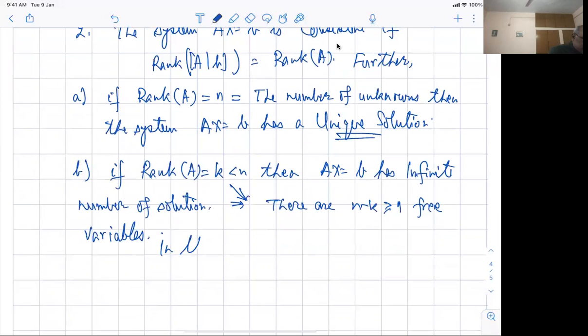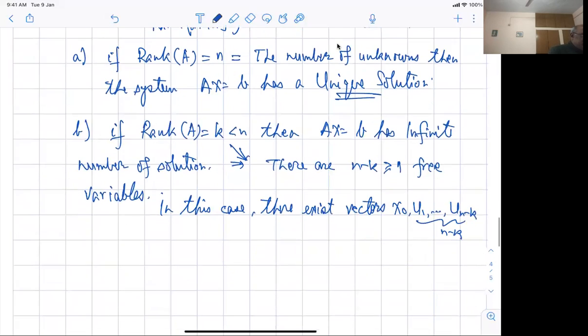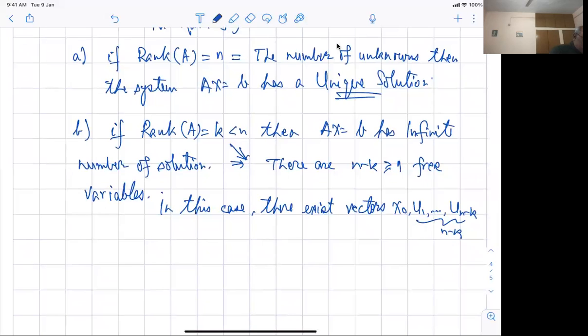So in this case there exist vectors x0, u1 to u of n minus k. Look, there are n minus k of them because n minus k are free variables, with A of x0 equal to b.